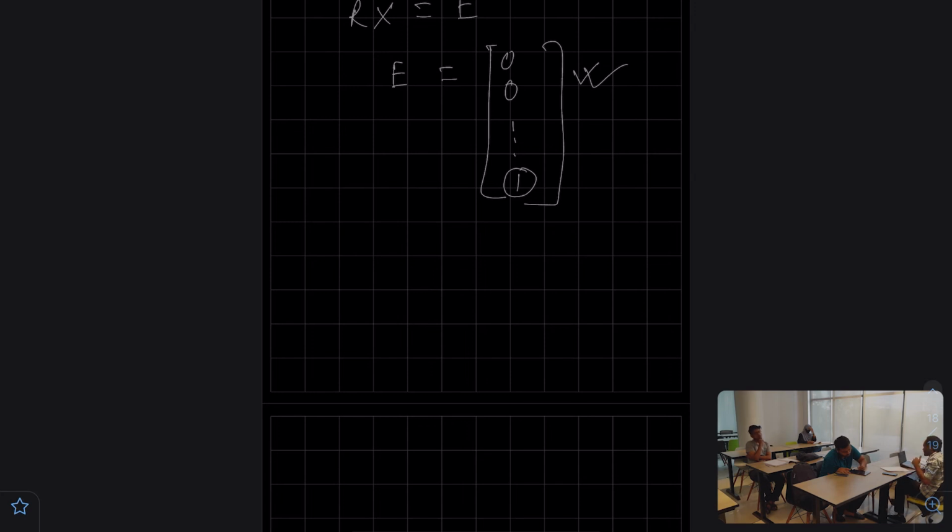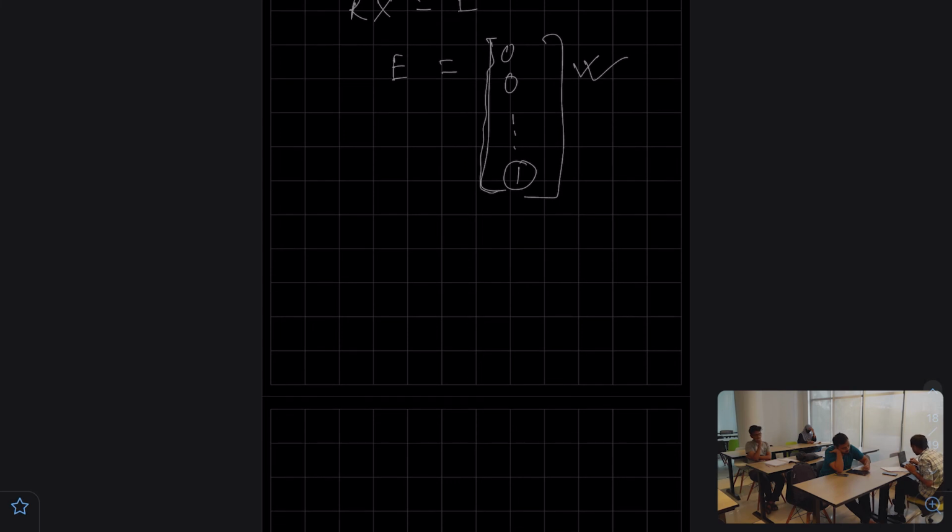So we conclude from this that R cannot be a row reduced echelon matrix if all the rows above the last row are 0. That means if we construct all these things by using this E, then actually R has to be the identity matrix, right? Okay, so that is the idea.